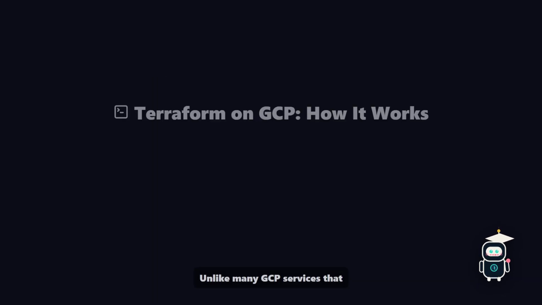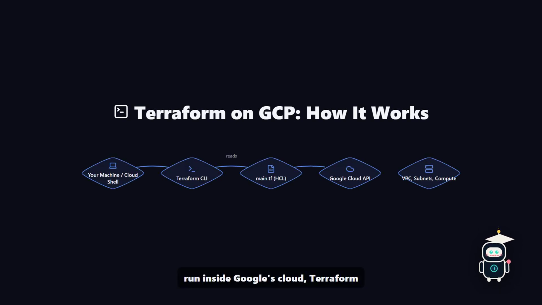Dangerous. Unlike many GCP services that run inside Google's cloud, Terraform runs from your local machine or in Cloud Shell. It's not a managed cloud service. You write configuration files commonly named main.tf in HashiCorp configuration language, HCL for short.